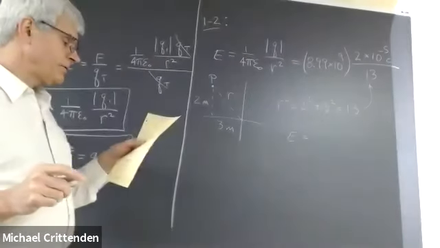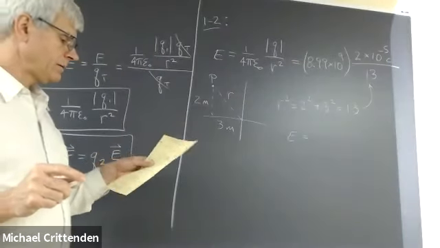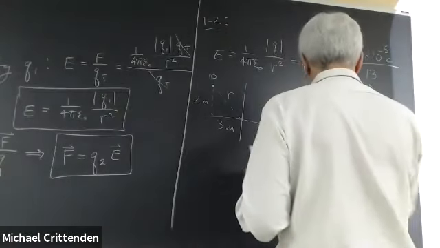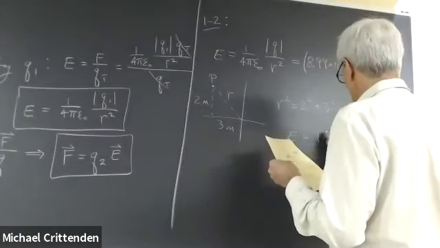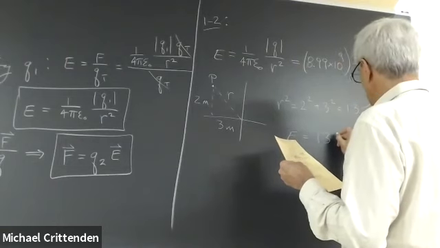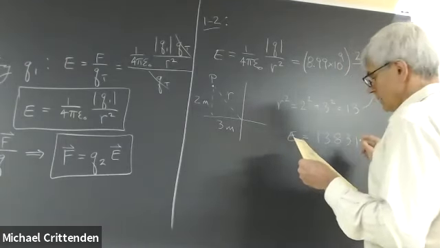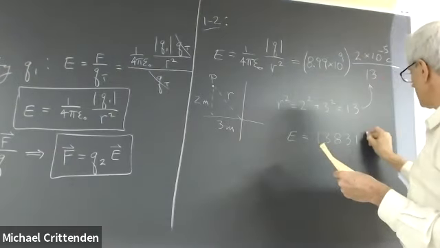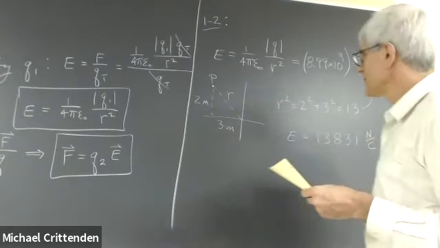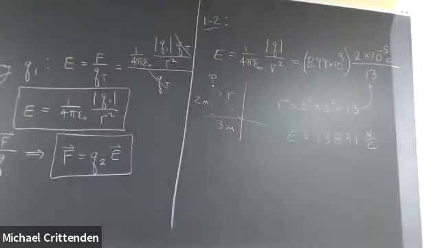So you multiply and you divide, and this is a lot of digits, but we'll round off when we get to the end. For now, 13,831 newtons per coulomb. That is the magnitude of the field at that point.